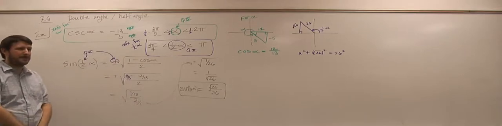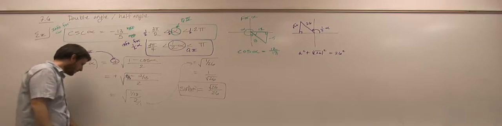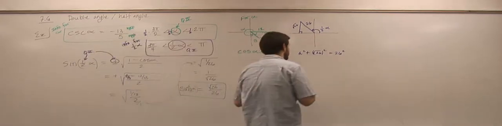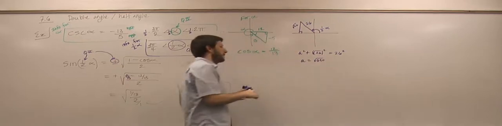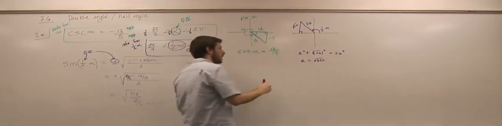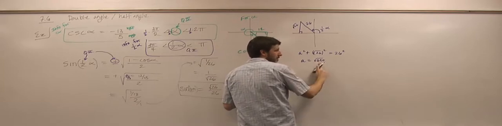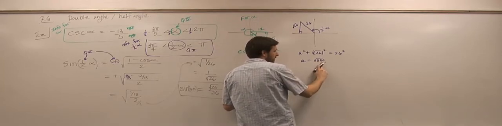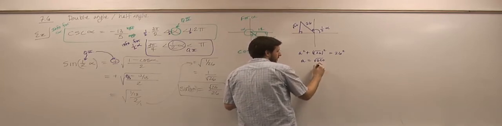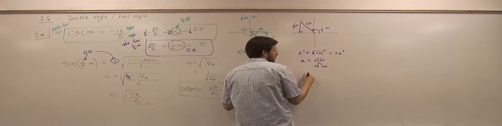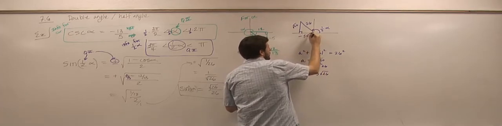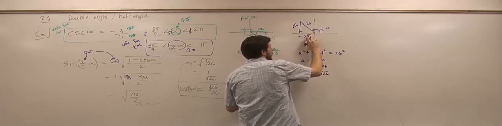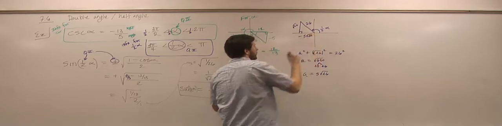Anybody want to help me out? What'd you get? Root 650. Does that simplify? Root 26. Yeah, because there's going to be a 25 in here, right? 25 definitely goes into 650, 26 times, so this will be 5 root 26. Negative or positive? Negative because we're in the second quadrant.